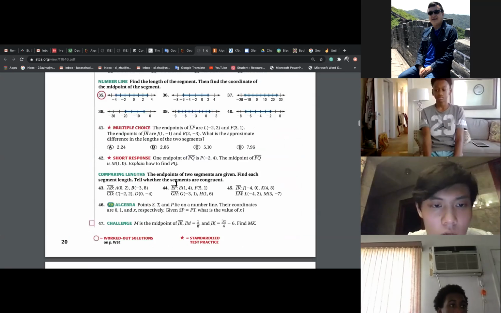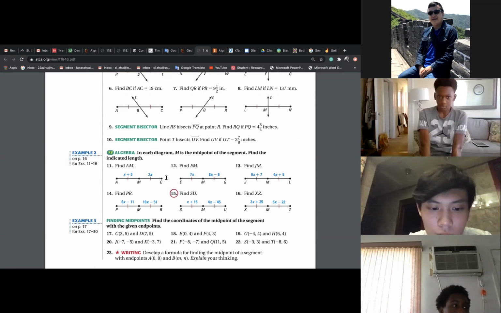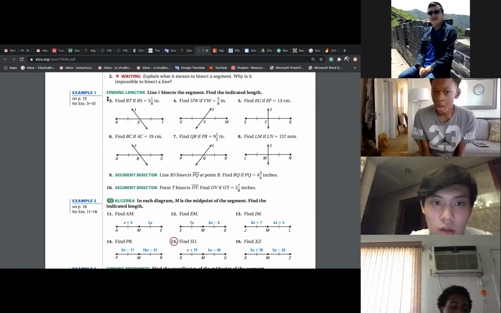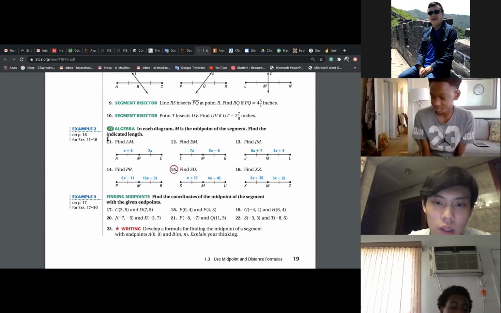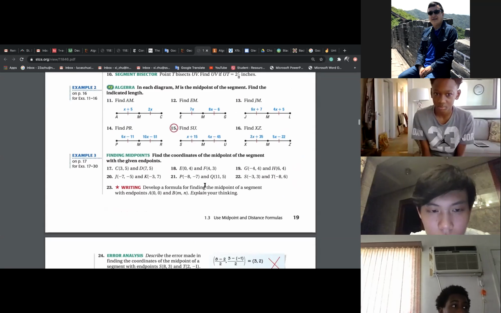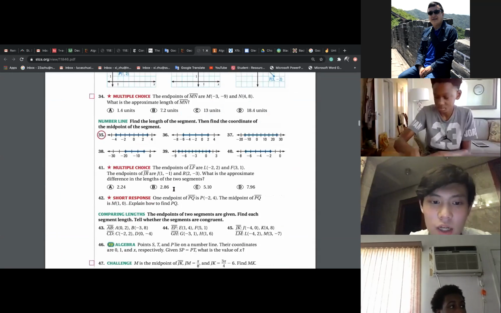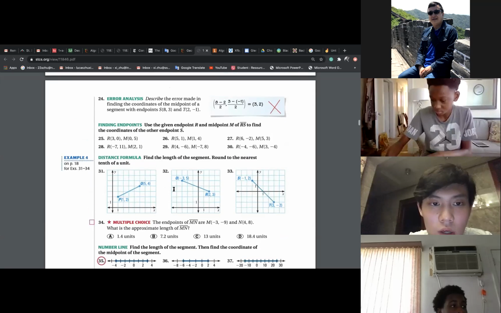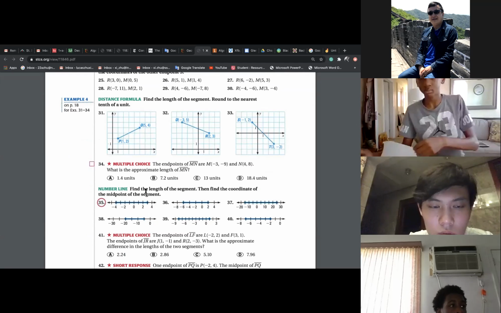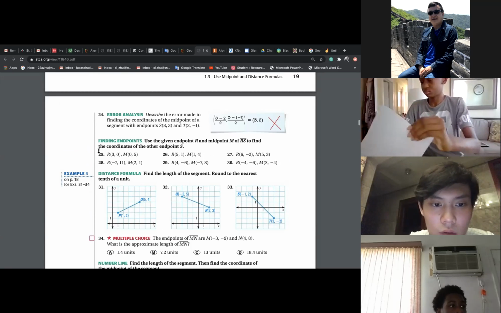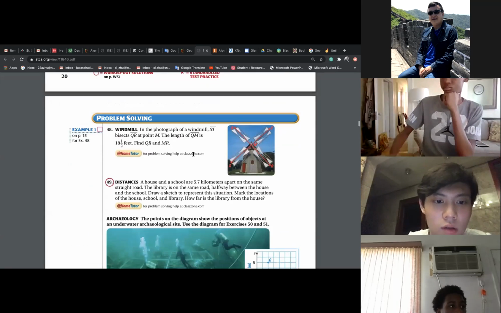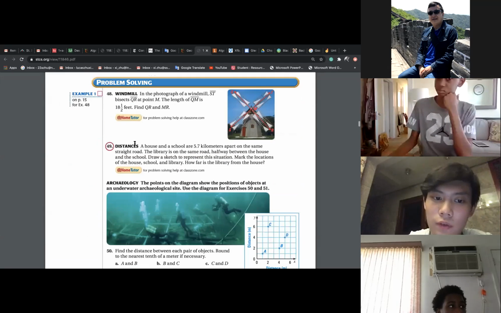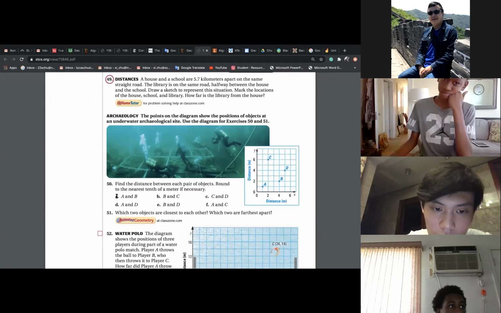Remember, you start from page 19: questions 3 to 8 and questions 11 to 16. On the next page, page 20, it's 25 and 26, finding the endpoints. And also page 21, question 50, right here, A, B, and C. How's that?